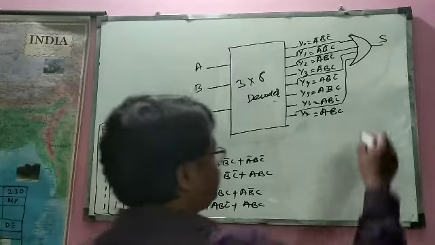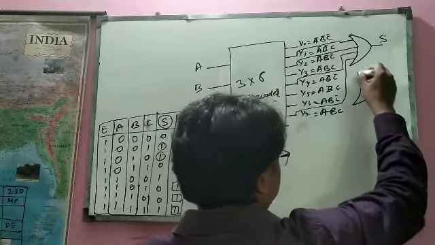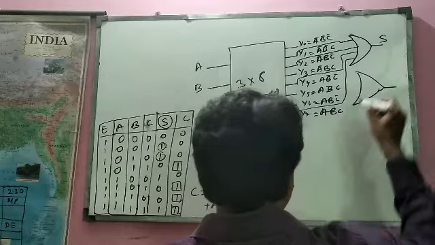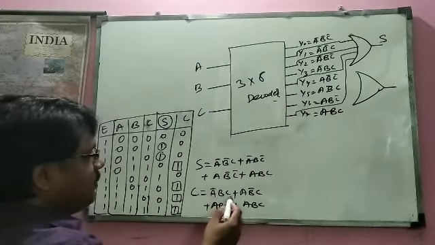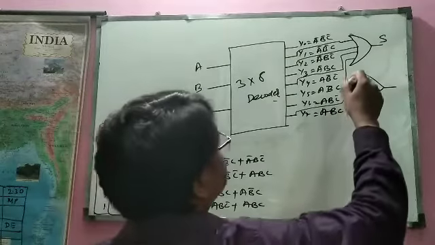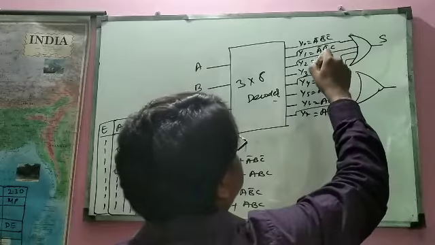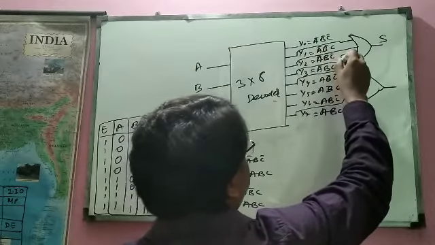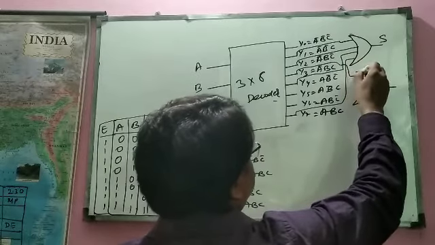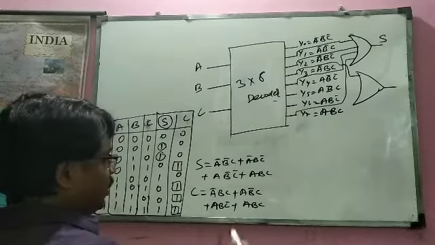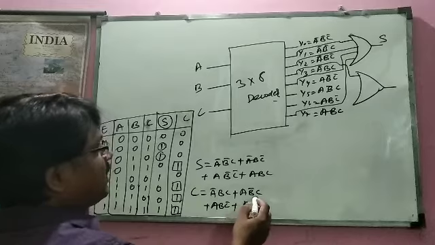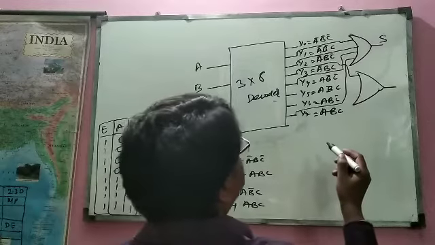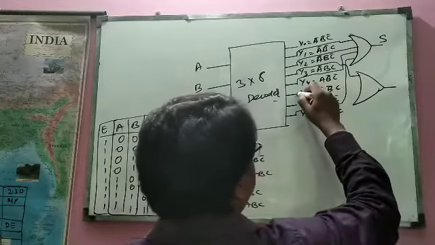So take here another OR gate and give all these inputs: A bar B C, this one. Now A B bar C, this one.